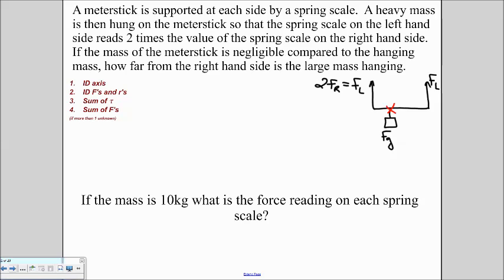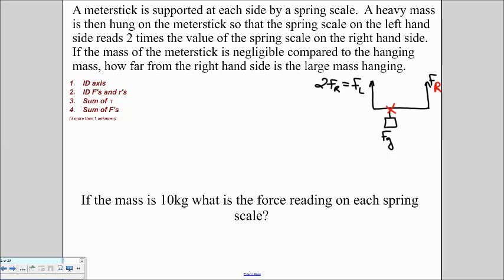I'm going to pick that one because we know FL is 2FR, so if I knock that FG out, I'm only going to be dealing with one variable, which will make life a little bit easier. So I'm going to pick that as my axis of rotation, so that the R of FG is 0, and that will go away.